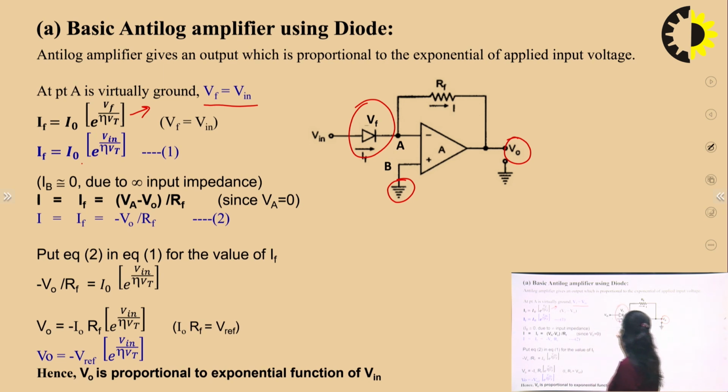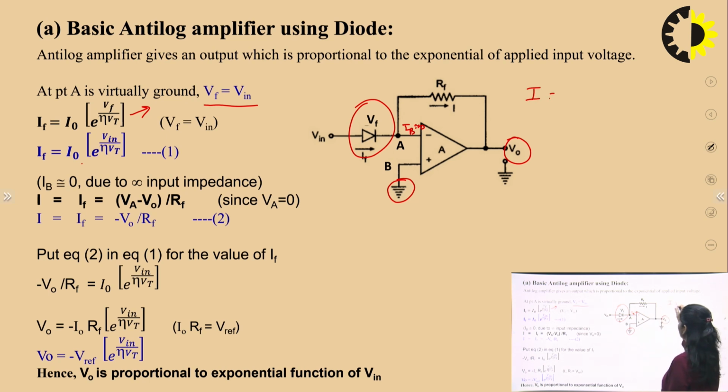Now, here the base current IB is nearly equal to 0, so we can consider If is equal to I. We find I as VA minus V naught upon RF, and I is equal to If.